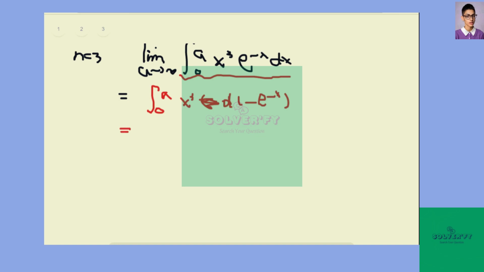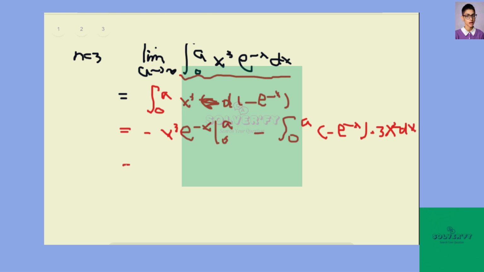This is equal to negative x cubed e^(-x) from 0 to A minus the integral from 0 to A of negative e^(-x) times 3x squared dx.